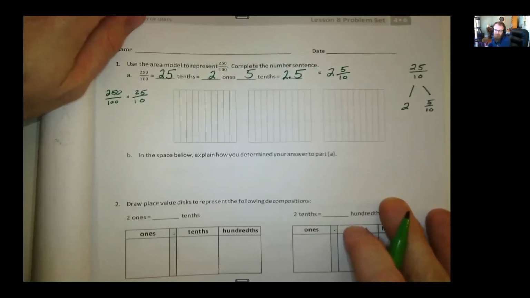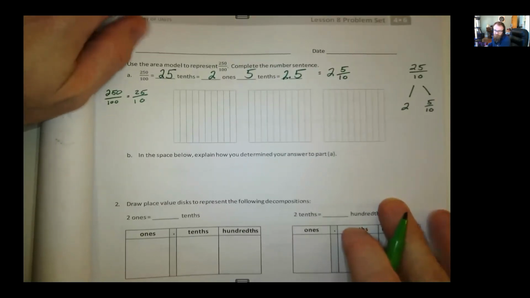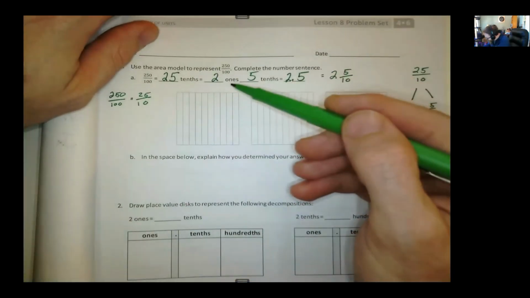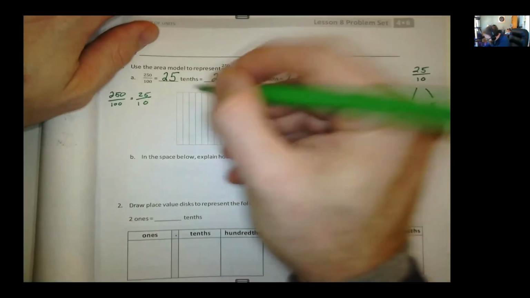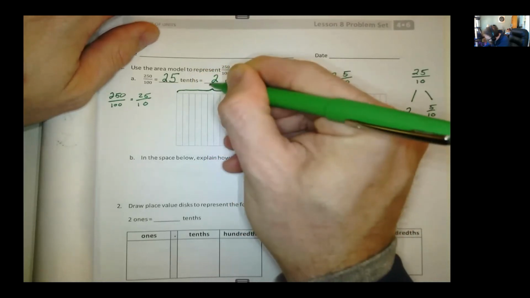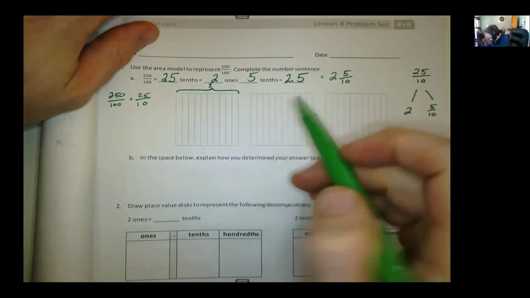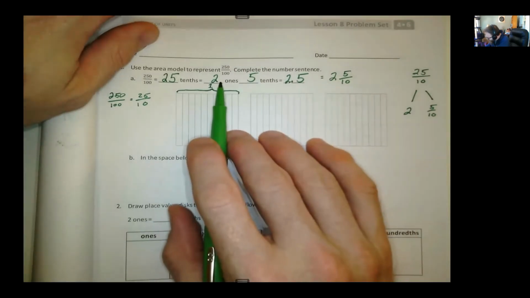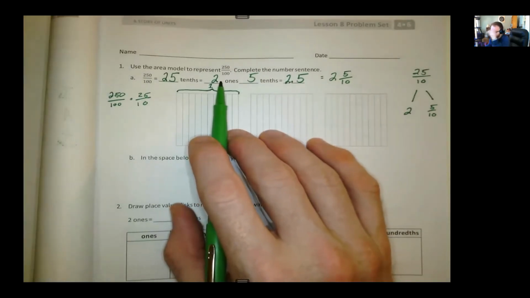Now let's show it with our area model. Each area model is worth 1, right? You could show it with a bracket and a 1. Each area model is 1 whole. We have 2 wholes, 2 ones.